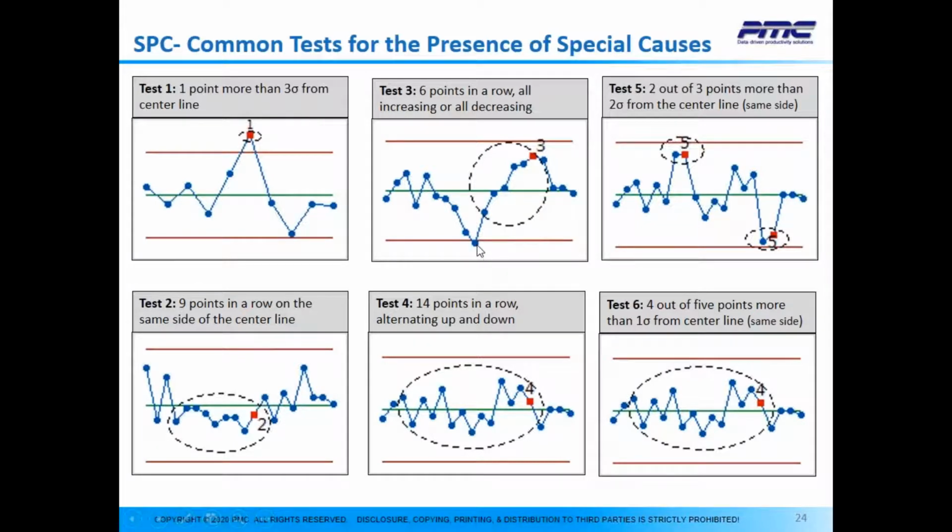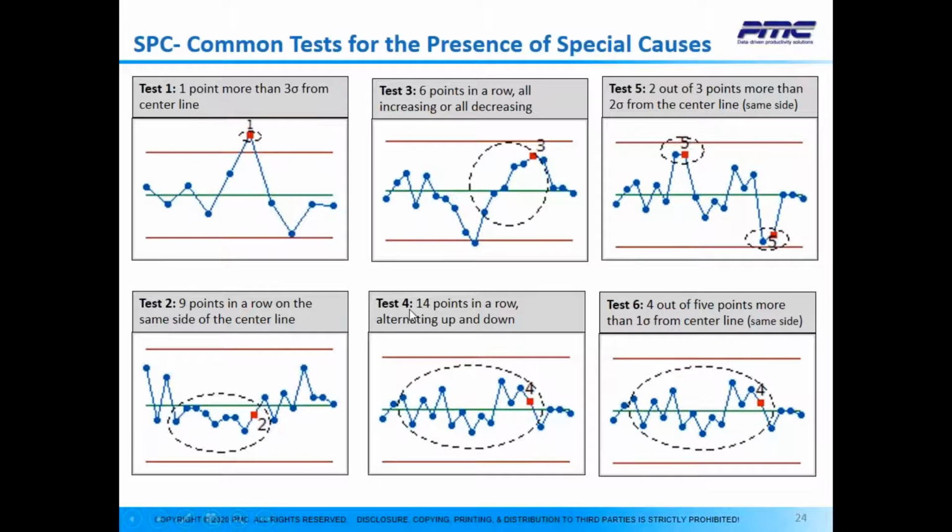Sorry, this one is 1, 2, 3, 4, 5, and this one is 6. That's why we're saying, okay, here's your special cause.